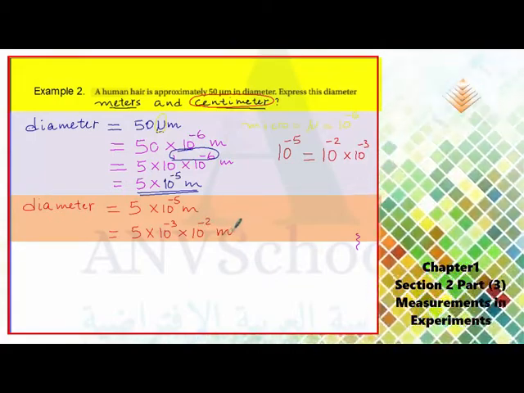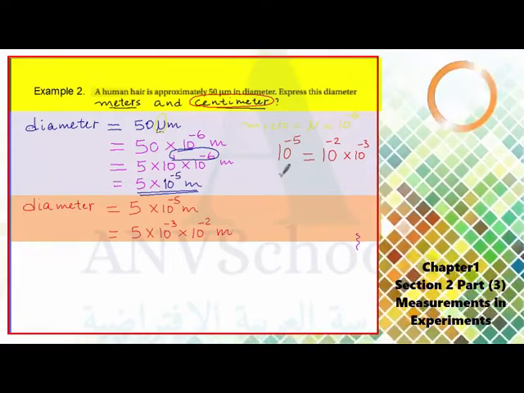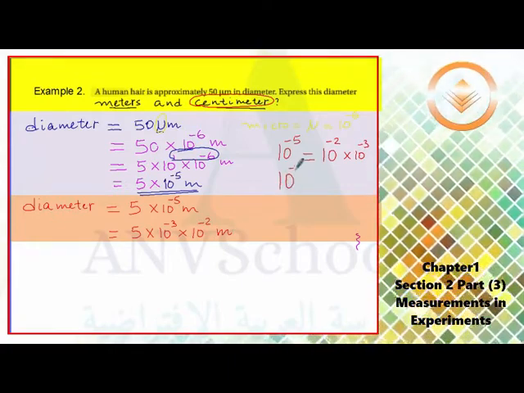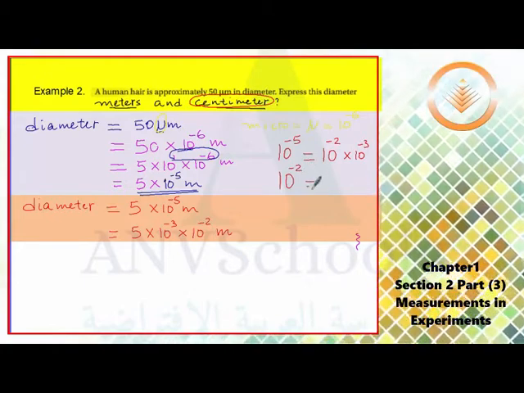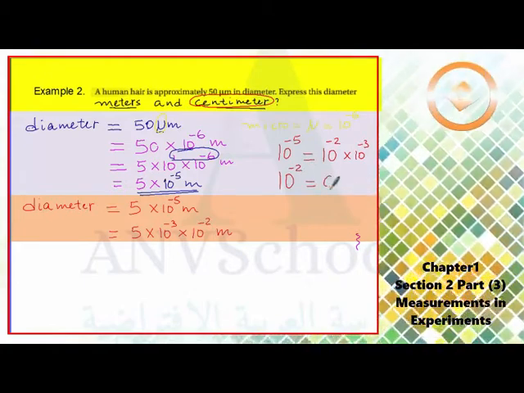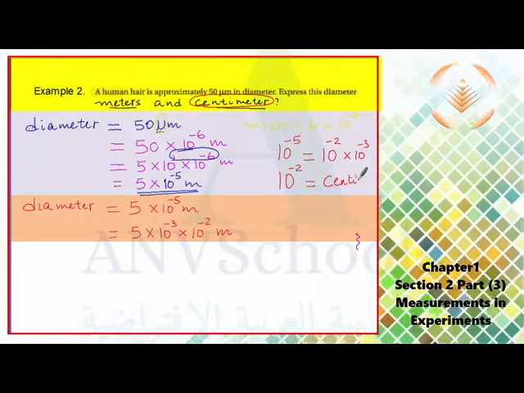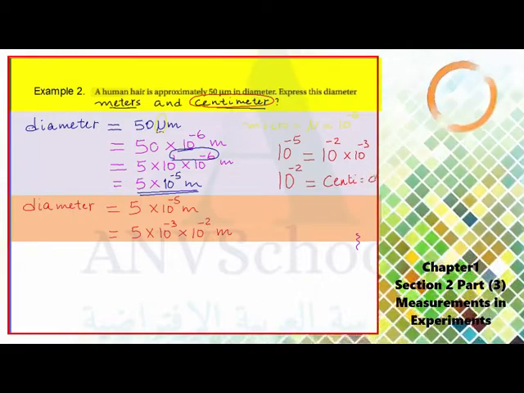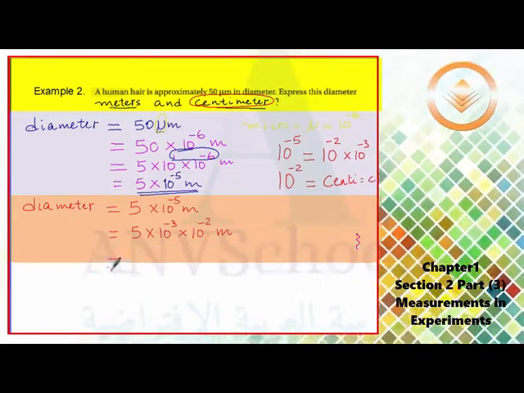Now we know that from the prefixes, 10 to the power of negative 2 can be written using the prefix centi, which is c.